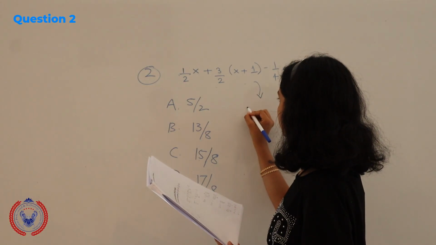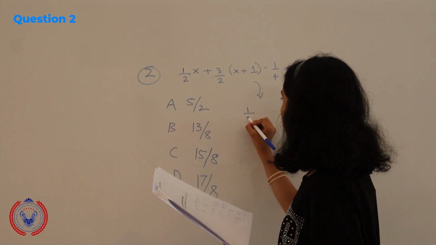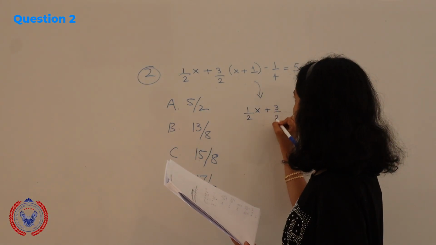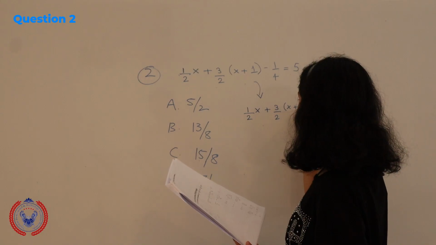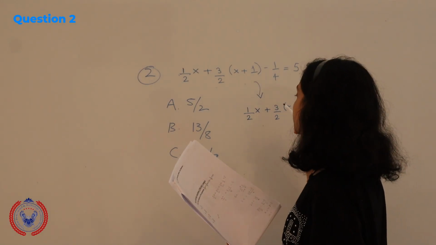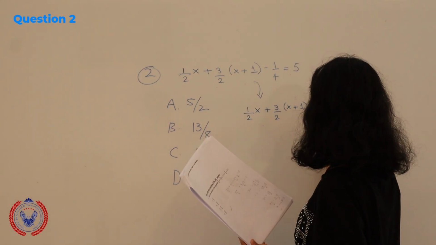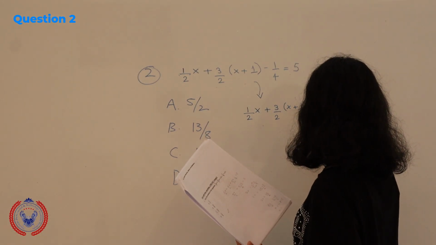Okay, in this case, the first step I would take is to rewrite the equation for myself: 1/2 x plus 3/2 x plus 1, making sure that the 3/2 x plus 1 is not distributed yet, then minus 1/4, set equal to 5.